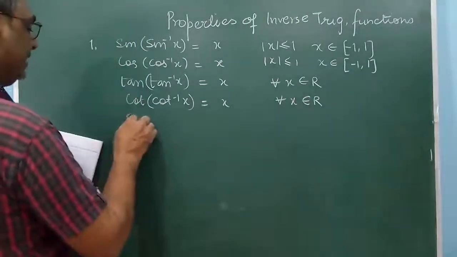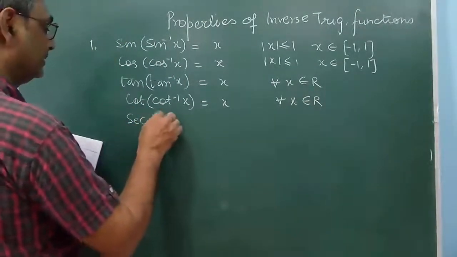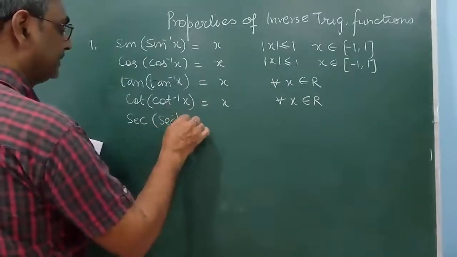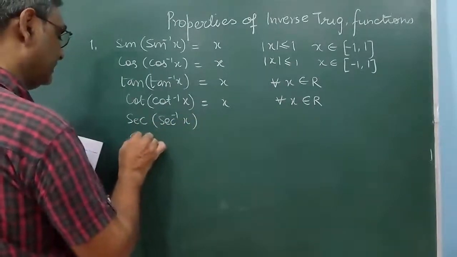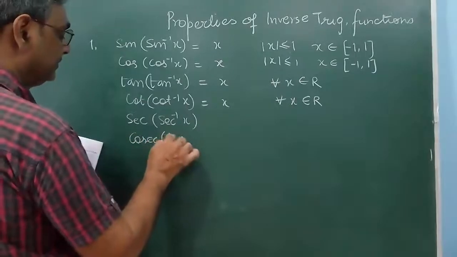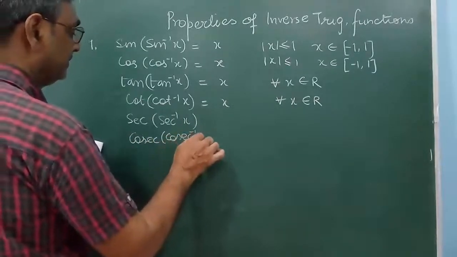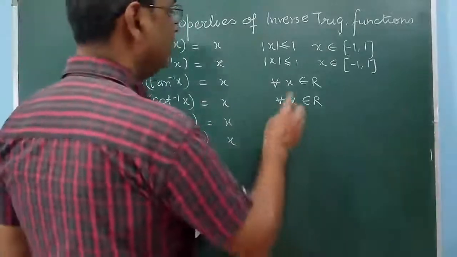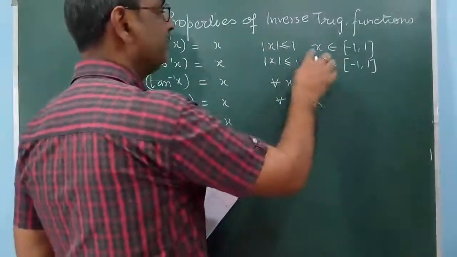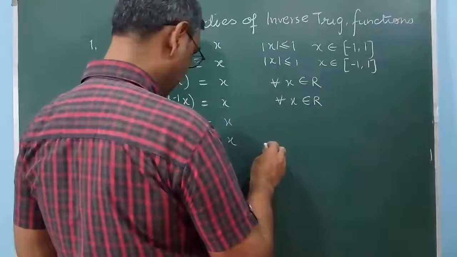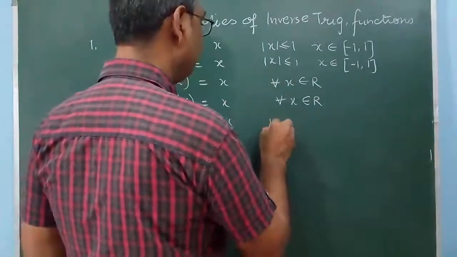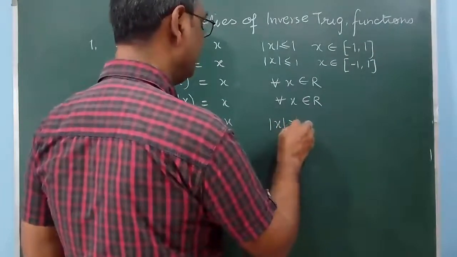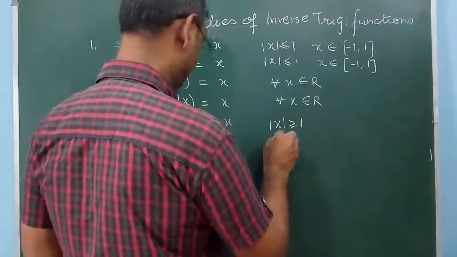Now for sec and cosec, they will not have these values. So what values will it be having? Mod x greater than or equal to 1.